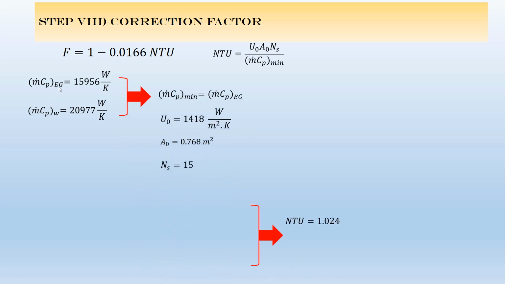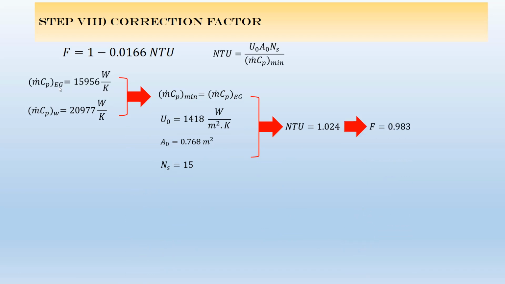If you combine all this information, you can find the NTU, and from the NTU you can find F. Look, guys, F is more than 0.75, so you are good. This heat exchanger is actually good. So, one green light here for the F.